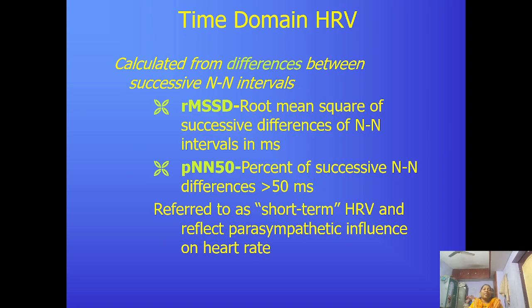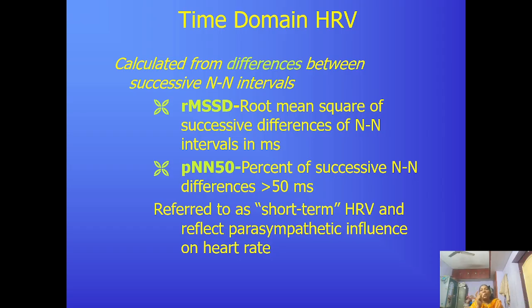Now, the next parameters are calculated from the difference between successive N-to-N intervals. That is based on two parameters: one is RMSSD and the other is PNN50. RMSSD is the root mean square of successive differences of the N-to-N interval, that means from one R wave to the next R wave.